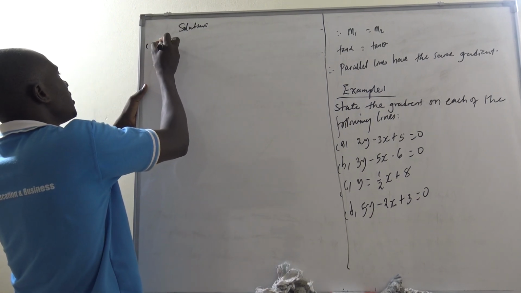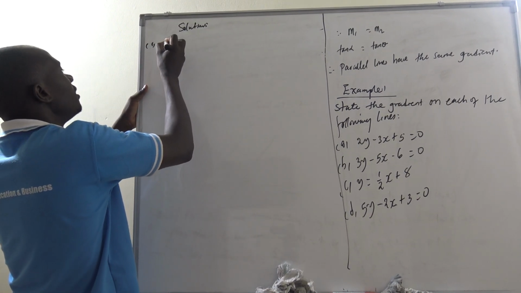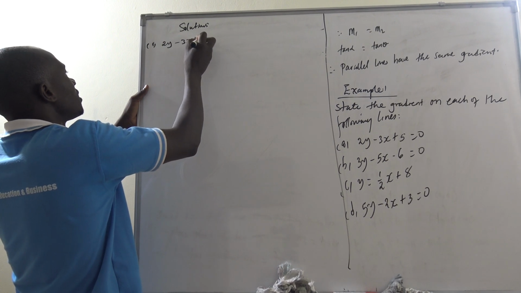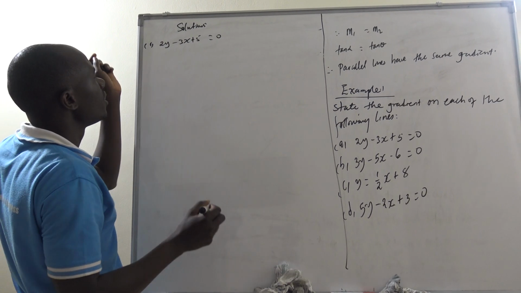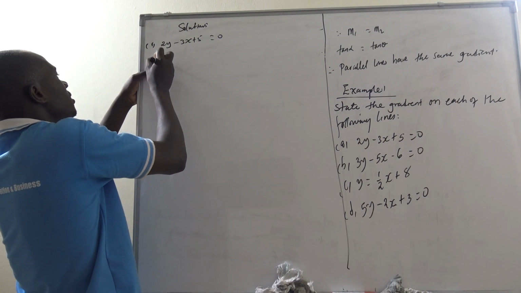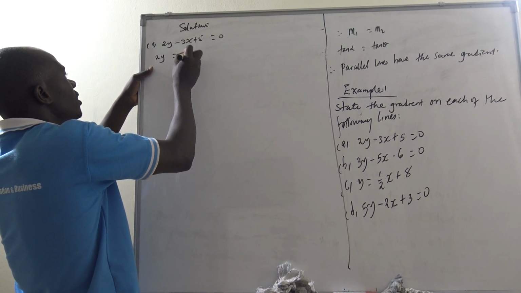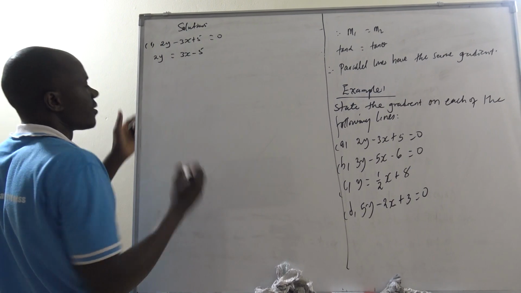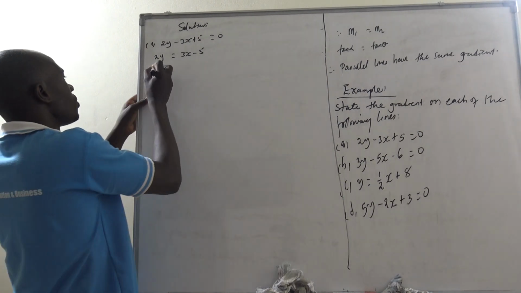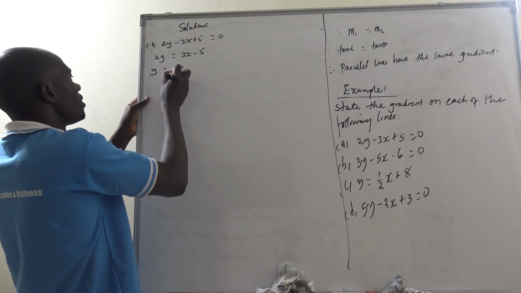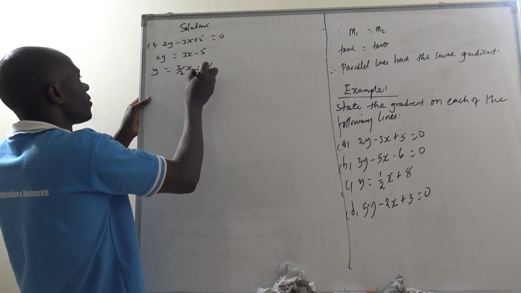So 2y equals 3x minus 5. Divide by 2: y equals 3 over 2 x minus 5 over 2.